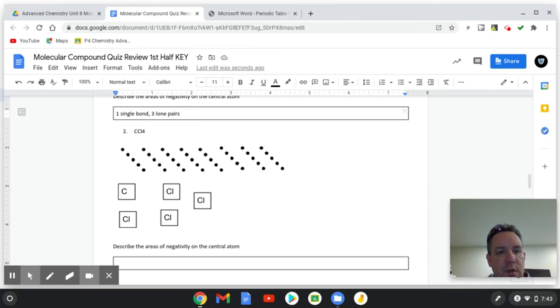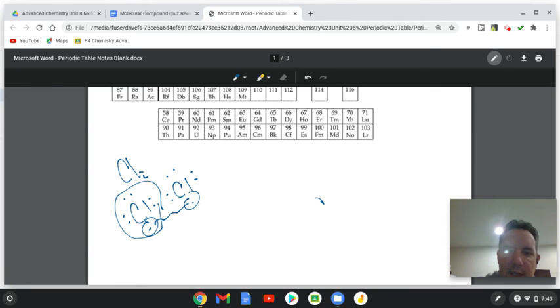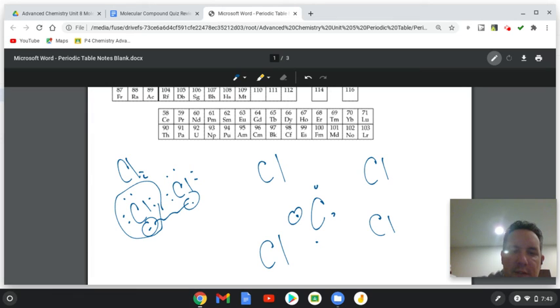Carbon tetrachloride, CCl4. So what I would be doing is I would just sketch to myself C, and then Cl, Cl, Cl, Cl. Carbon has 4 valence electrons, so 4 singles. Got to circle them all. Each chlorine has 7.